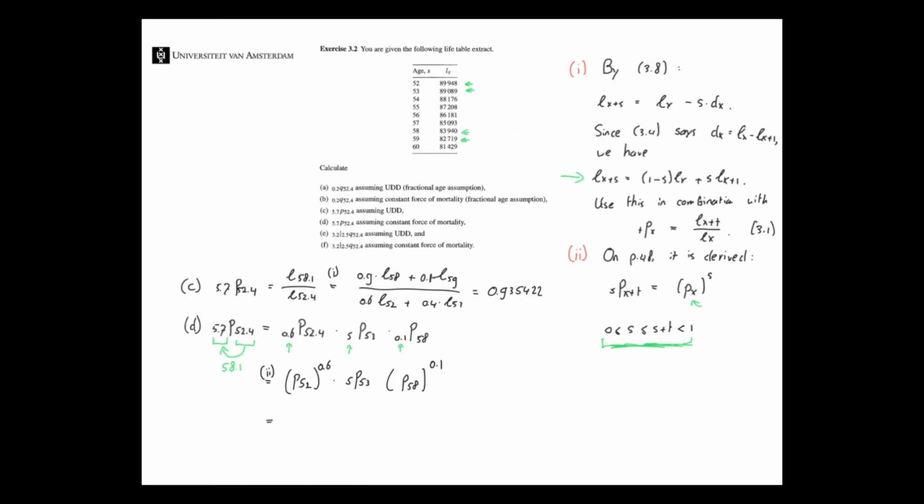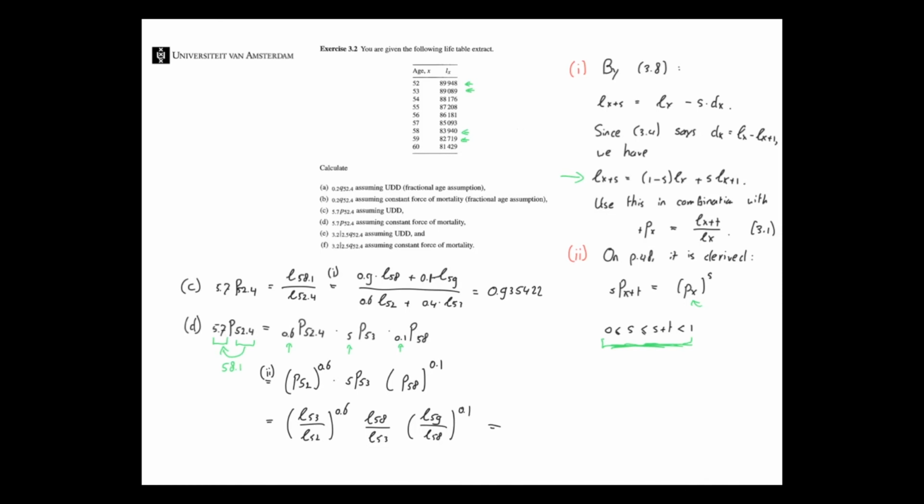Then what do we need to do? We need to rewrite this using anything we know, because we can rewrite these survival probabilities in terms of these fractions as we did before. So we do that now, and we get L58 divided by L53 here times L59 divided by L58 to the power of 0.1.